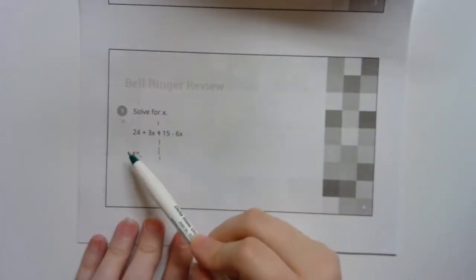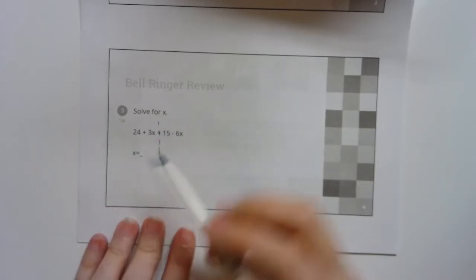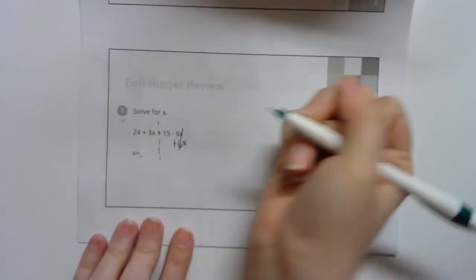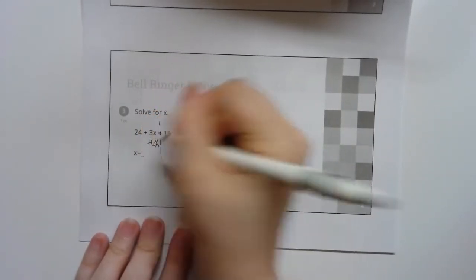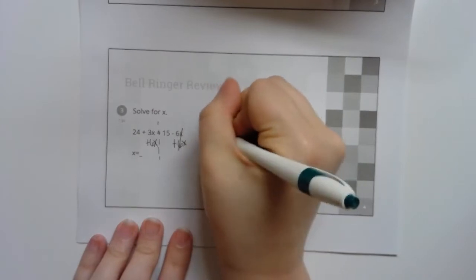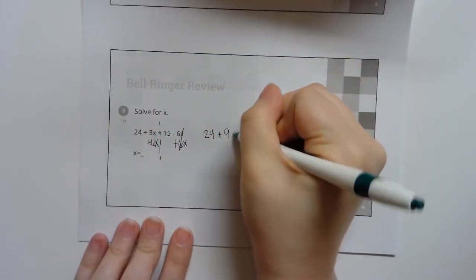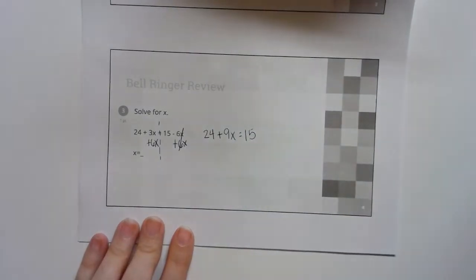It does not matter whether you move the x's to the left or the right. You could go either way. I'm going to move my x's to the left, so I'm going to add 6x on this side to make that go away. I'm going to add 6x on this side, so I'm left with 24 plus 3x and 6x is 9x equals 15. Now I have a two-step equation.